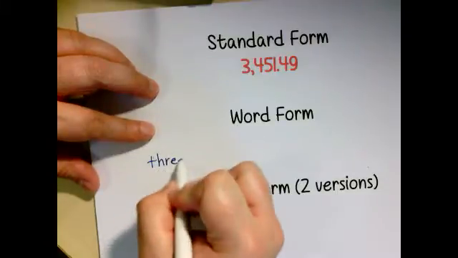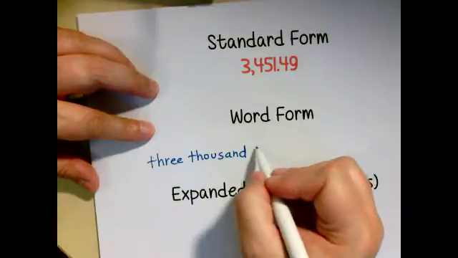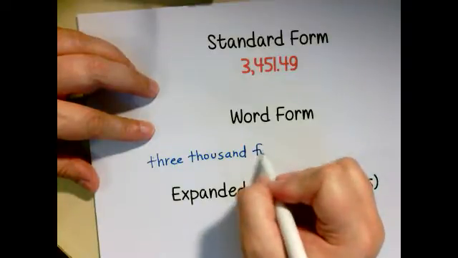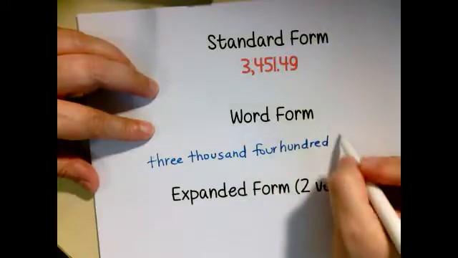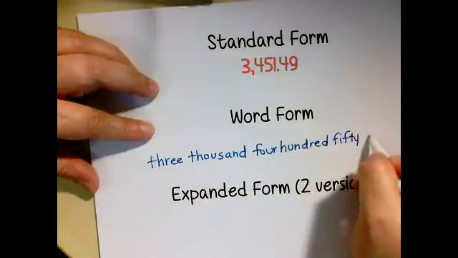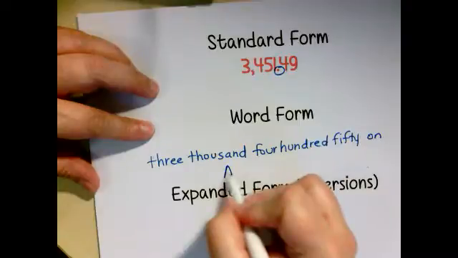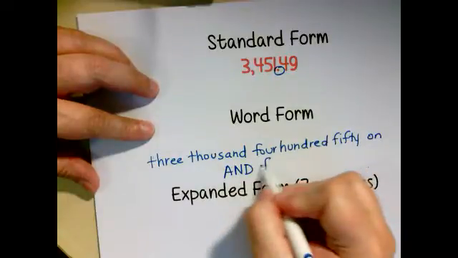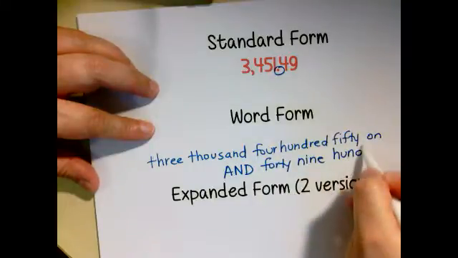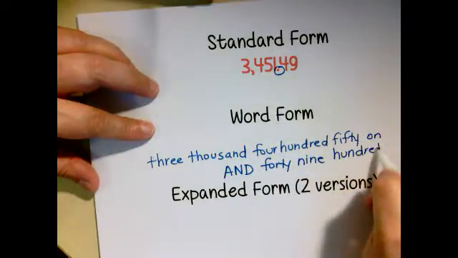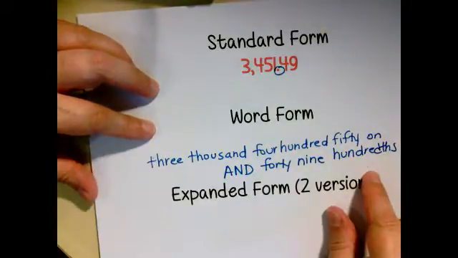So 3,000 451. And remember, when we go across this decimal, we make sure we say and 49 hundredths. Okay, so that is word form there.